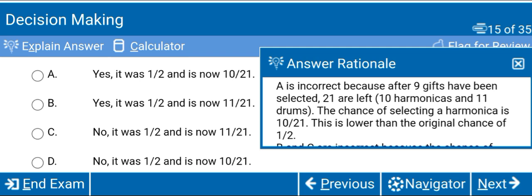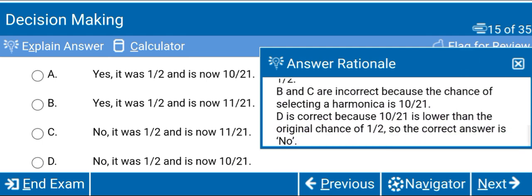This is lower than the original chance of half. B and C are incorrect because the chance of selecting a harmonica is 10 by 21. D is correct because 10 by 21 is lower than the original chance of half.